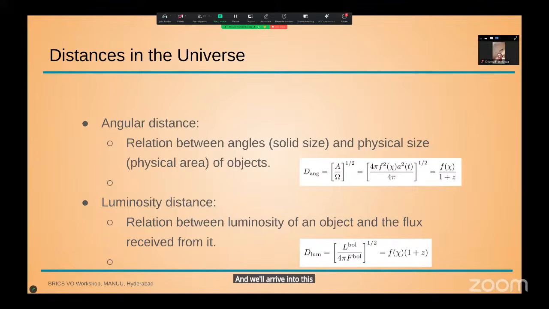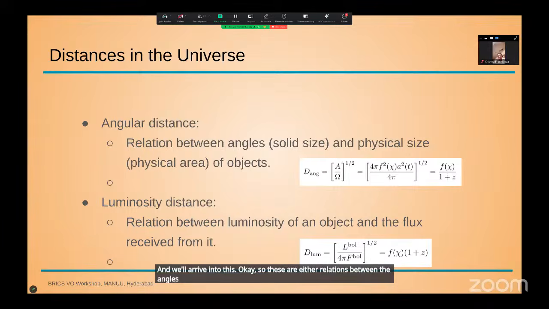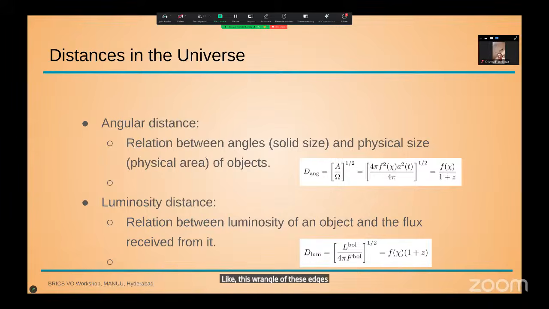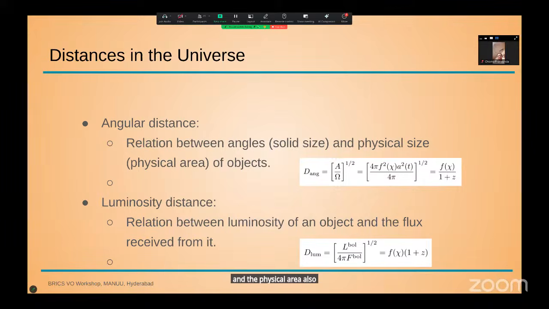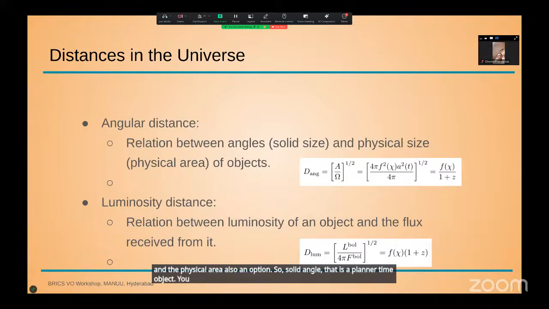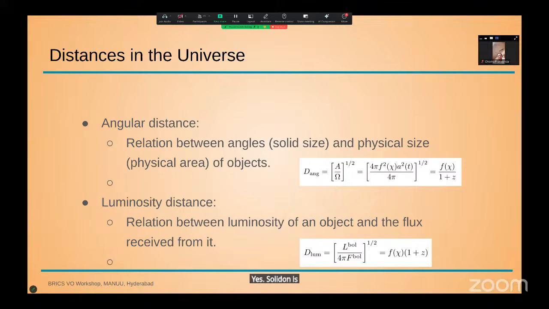These are either relations between the angle and the physical size, like this, the angle between these edges and the physical size, or it could be a relation between the solid angle and the physical area of an object. So the solid angle that is subtended by an object. You know what a solid angle is, right? The solid angle of a sphere is 4 pi.